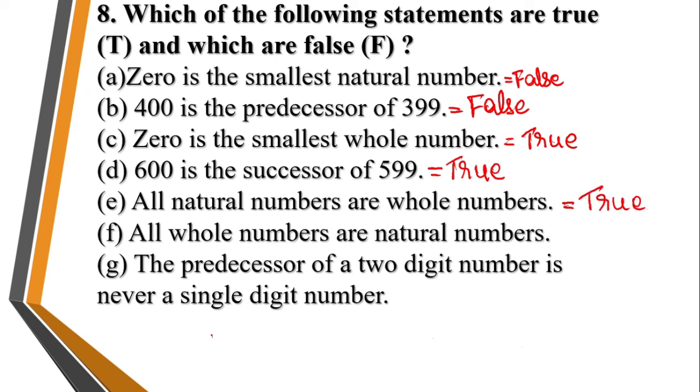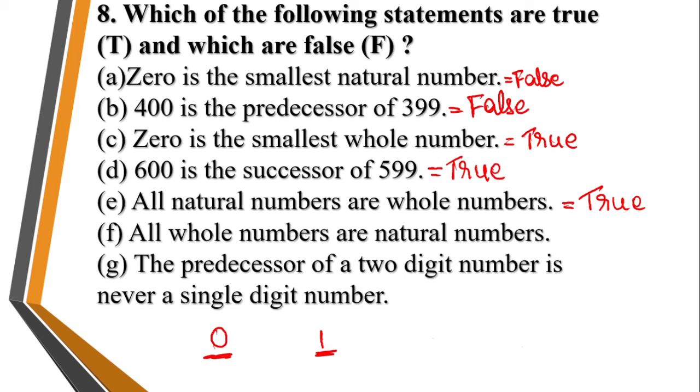Now, the next statement which we have is all whole numbers are natural numbers. Now, we know that all natural numbers are whole numbers. But are all whole numbers natural numbers? Let's see it. Now, whole numbers start from 0 and natural numbers start from 1. Now, if we take any other number, it will be a whole number and a natural number.